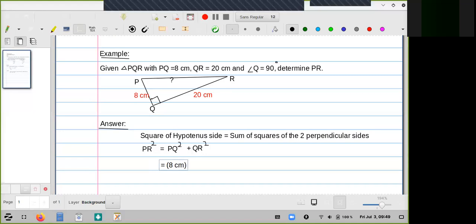Then my 8 centimeter side is squared. I will square it. Remember, I'm just substituting. Then we add the other side that we are squaring, QR. QR is also provided. That's 20 centimeters.